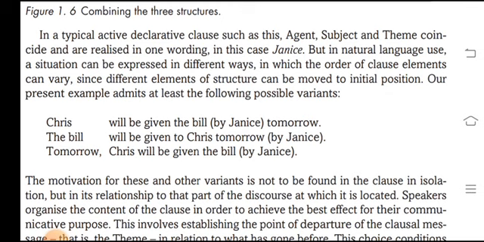In typical active declarative clauses such as this, the agent, subject, and theme coincide and are realized in one word, in this case Jenny.